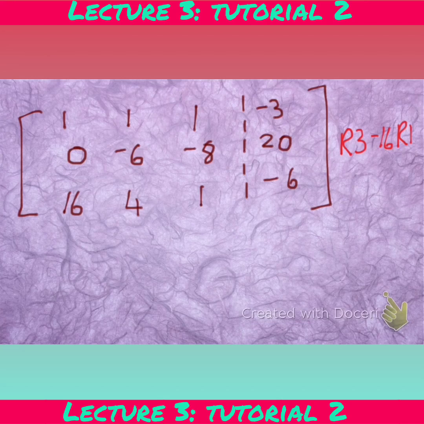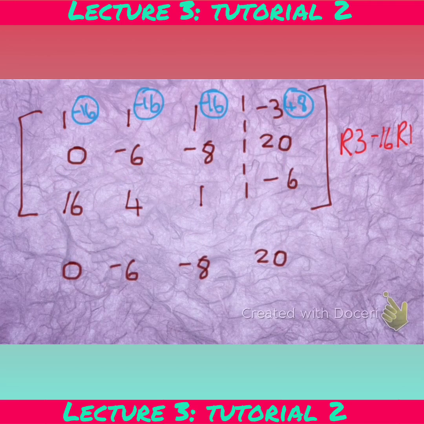Multiplying the first row by minus 16, I'm going to get minus 16, minus 16, minus 16, and then plus 48. Now adding that to the last row, the last row is going to change. So I'm going to get a new matrix where the second row stays the same, and the last row is going to change to 0.